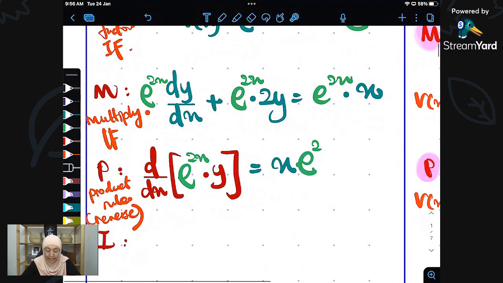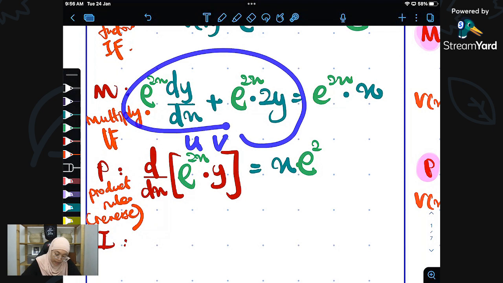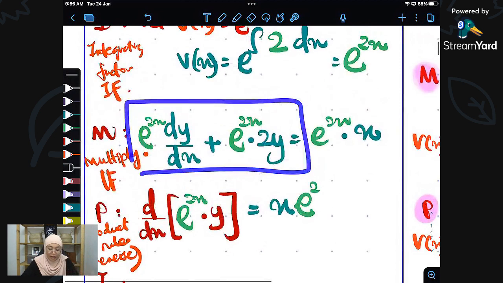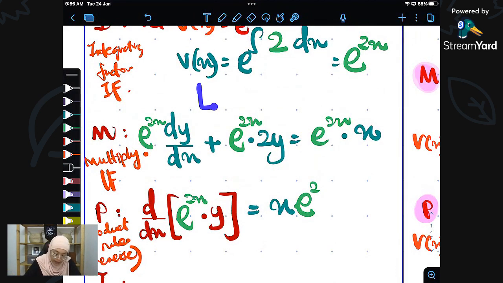Saya tak nak tunjuk di sini. You try it by yourself. If you let this U, you let this V, and then will you get this answer? Yes, you will get it. So sebab itulah dia dinamakan sebagai reverse, sebab kita sedang cuba dapatkan soalan. Sebab jawapan memang dah ada. Jawapan dia memang dah magically ada di left hand side here. Tiba-tiba dapat product rule yang berbentuk soalan.